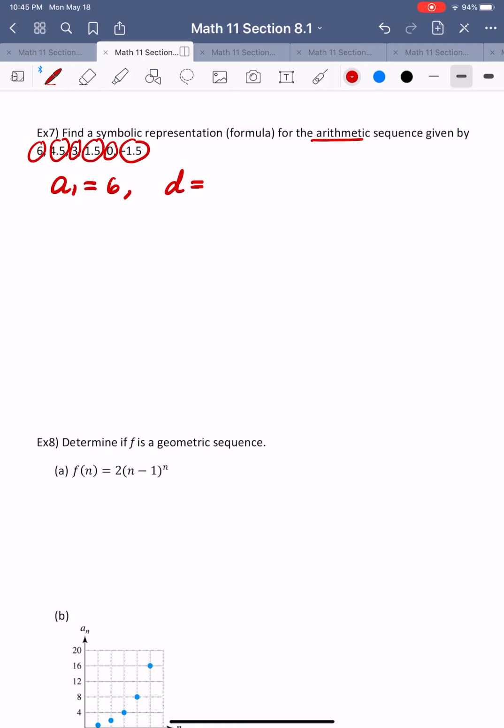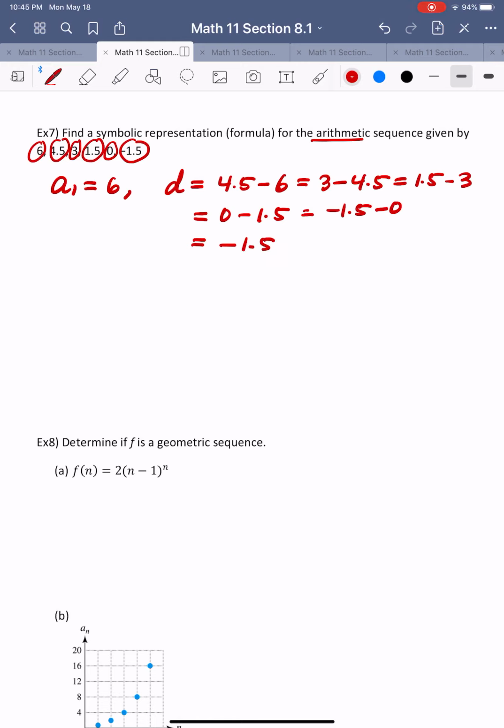So how do you find d? You just need to subtract: 4.5 minus 6, 3 minus 4.5, 1.5 minus 3, 0 minus 1.5, and negative 1.5 minus 0. Either way, you get negative 1.5. So that's the d.